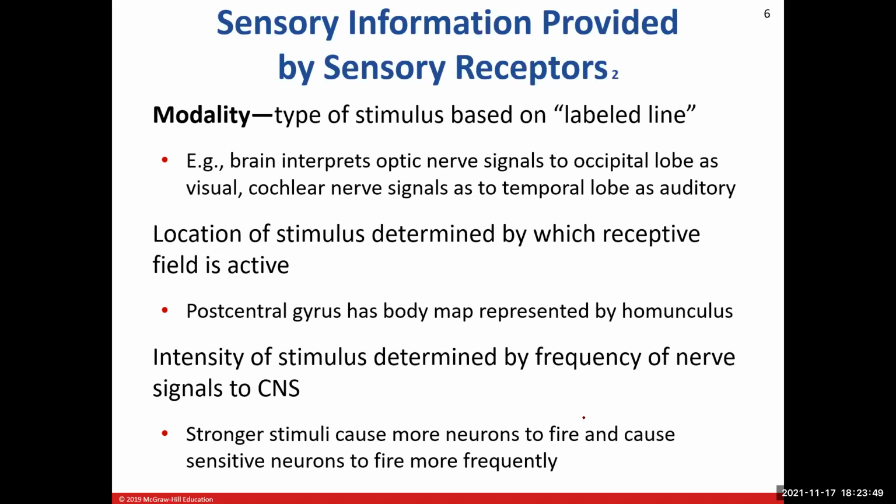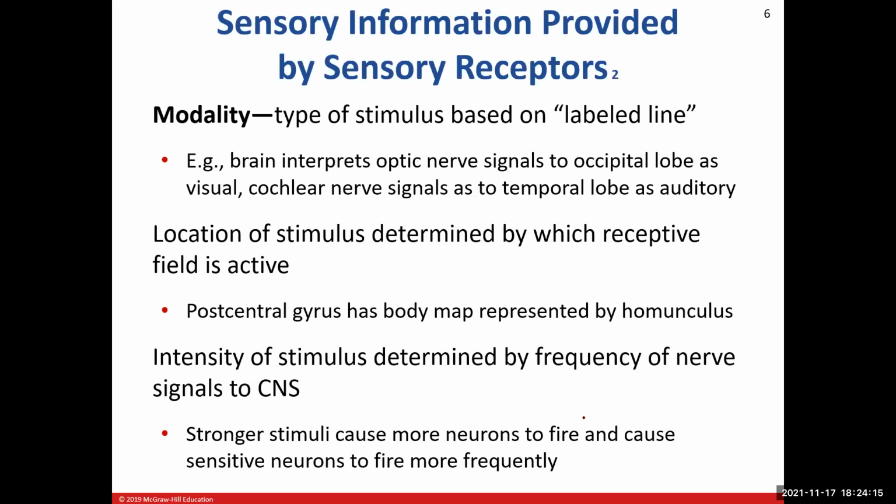You recall that sensory homunculus, that distorted image of how your brain perceives your body? Well, if you were being touched on the heel, that sensory information travels up that nerve pathway and it'll wind up in the appropriate area of the postcentral gyrus that is allocated for the heel.